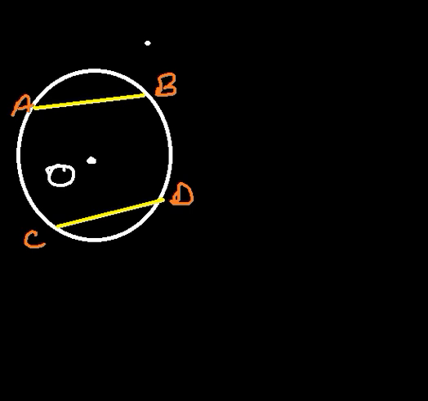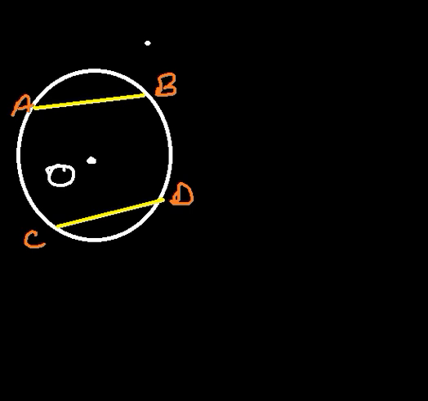Say this is chord AB, and this is chord CD. Let's say the circle has center O.